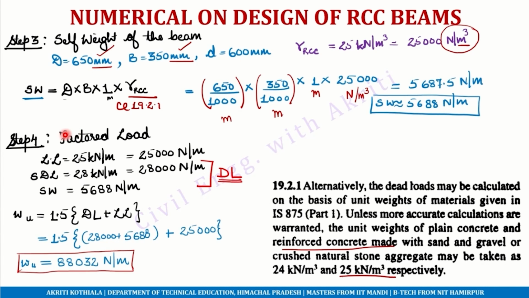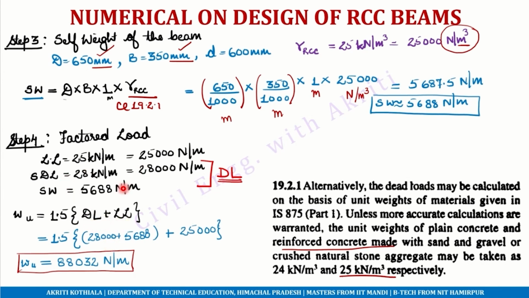So moving on to step 4, the factored load. Live load is given to us as 25 kilonewton per meter. We've converted it into 25,000 newton per meter. Similarly, superimposed dead load is 28,000 newton per meter. Self weight is calculated equal to 5688 newton per meter. We know that the factored load, or UDL, will be equal to 1.5 times the sum of dead load plus live load.